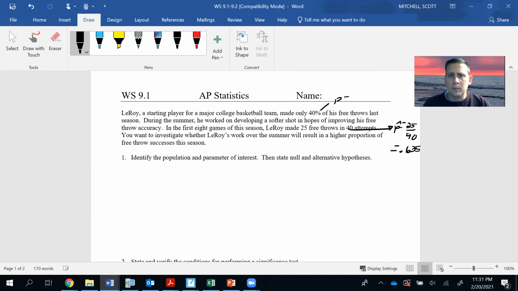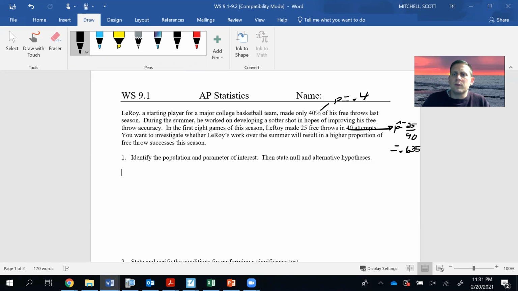And then our P is just 0.4. So you can see that is definitely an increase, right? That's a 22.5% increase. That's a pretty big change if he has in fact improved, or is he just getting lucky, and by random chance this has happened? That's the thing that we're looking at.